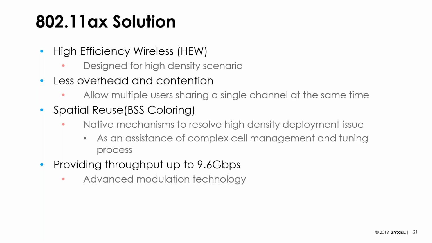So the APs can talk with the clients at the same time, even though they might share the same channel. And all in all, for AX APs with 8x8 antennas, the theoretical throughput goes up to 9.6 gigabits per second. But obviously this is theoretical and in lab conditions.